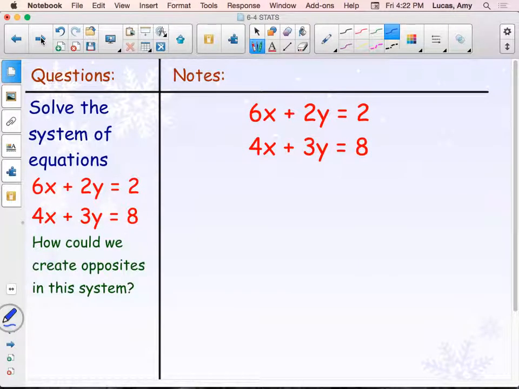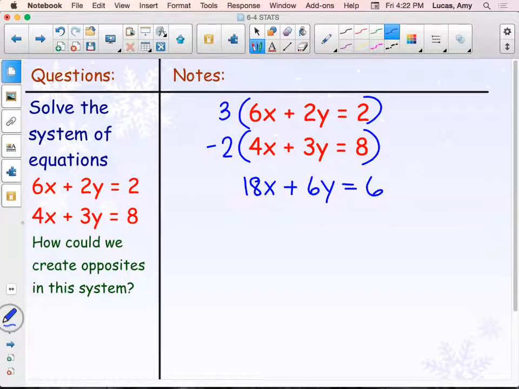One more like that. On this one, I'm going to eliminate the y's because the numbers are smaller. So flip the 3 and the 2, make one of them negative, and our system will eliminate. 18x plus 6y equals 6. Negative 8x minus 6y equals negative 16.